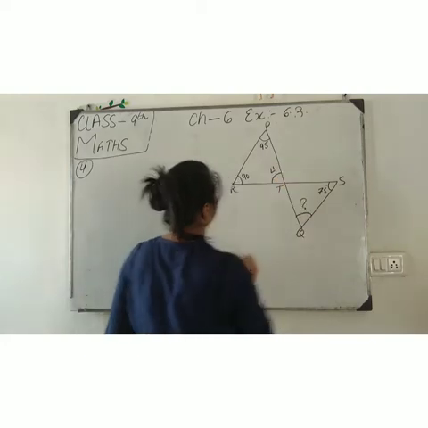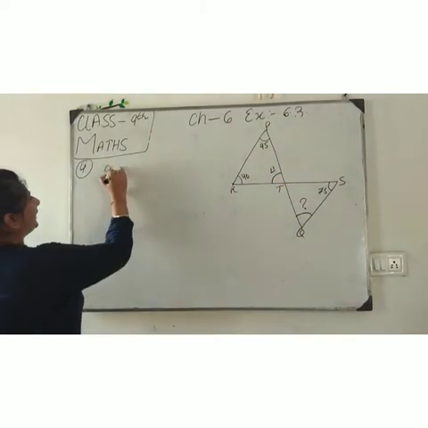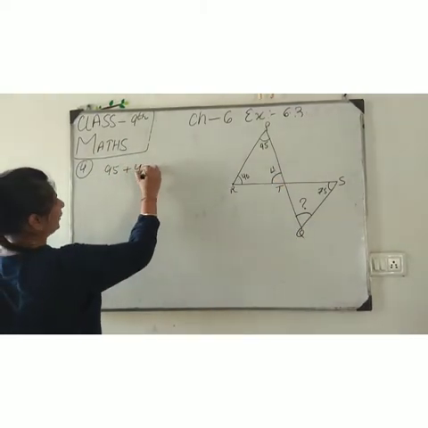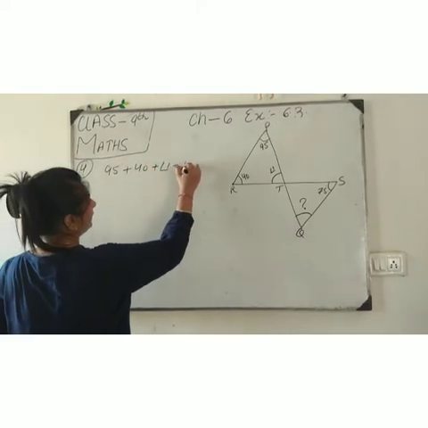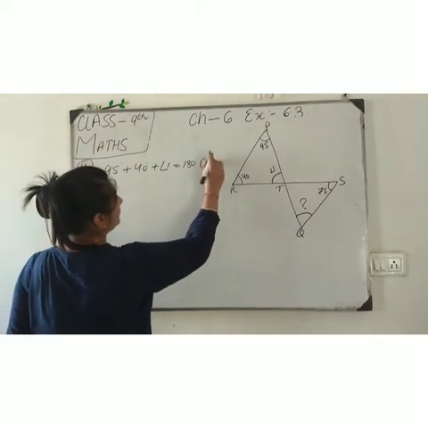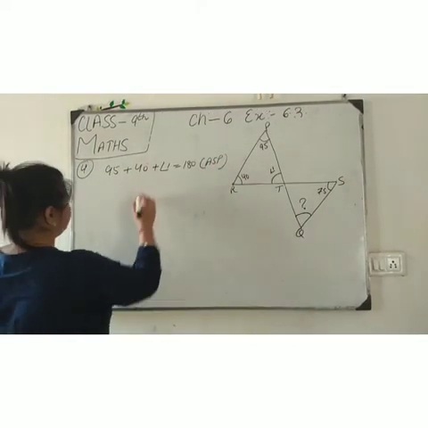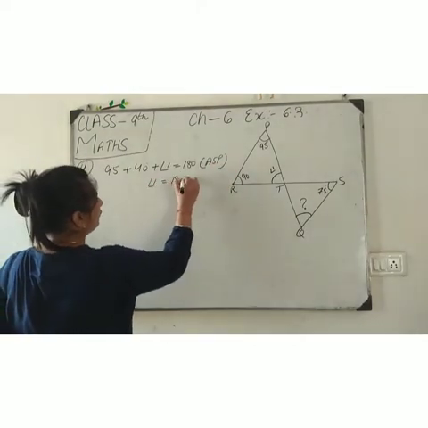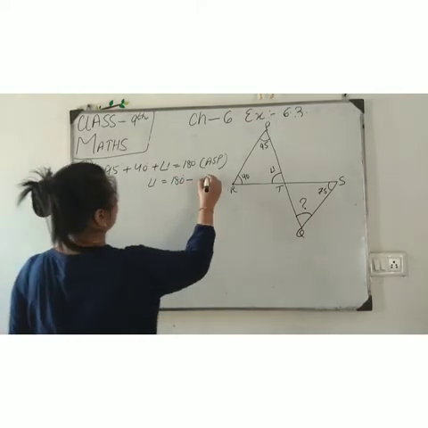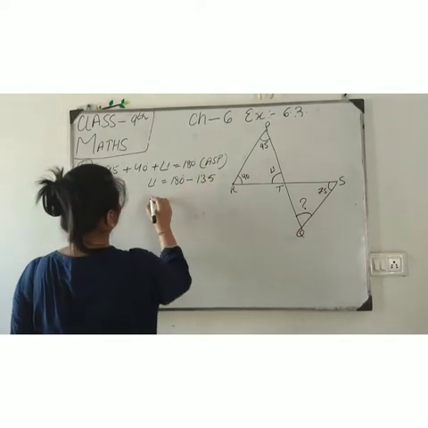Angle 1. 95 plus 40 plus angle 1 equal to 180 degree. Reason: angle sum property. Angle 1 equal to 180 minus 135.